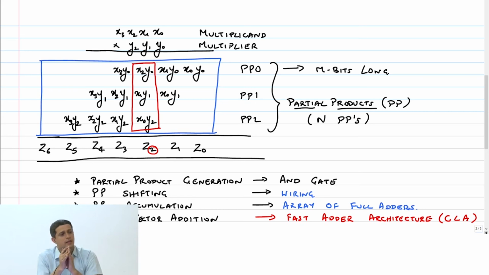That's why I said if you are doing x into y like this, then the number of partial products will be this. If you do it the other way, then you'll have more partial products. This is the convention I'm saying: x is m bits, y is n bits.